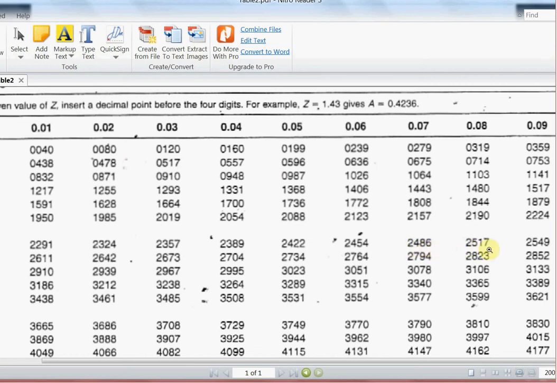This value is 25.817, which is more than 25%. So 25% is somewhere in between. So what you have to do here is pick either one. You can use 2486 or 2517. Using either one will be okay.